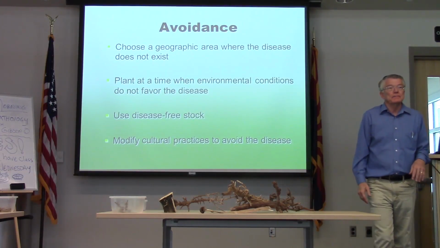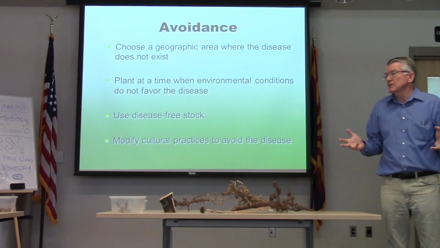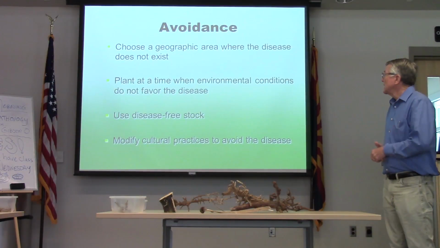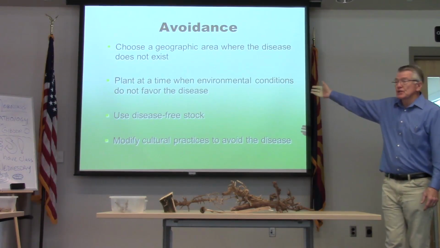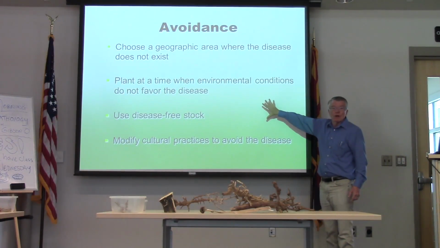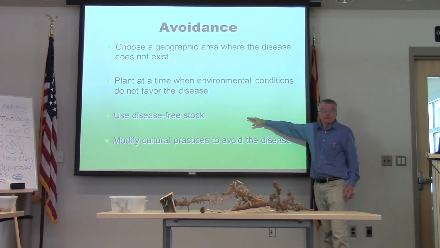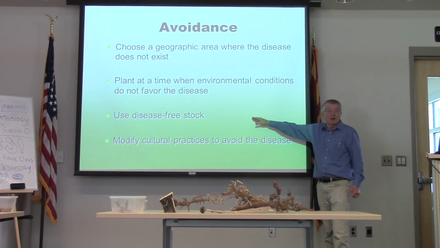So let's talk a little bit about each one of those areas and try to draw some distinction between them. Now, you are going to see suggestions listed here for each one of the control options. We may see use disease-free stock in another one also.